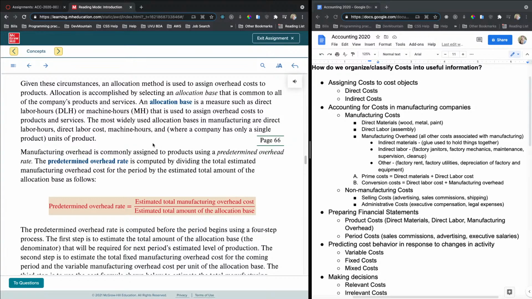It's going to be inaccurate, but it's going to be closer than if you didn't do anything at all. An allocation base gets you a step closer, even though it's inaccurate. This isn't truly what it costs, but it's the best we've got without spending a ridiculous amount of money, I guess.